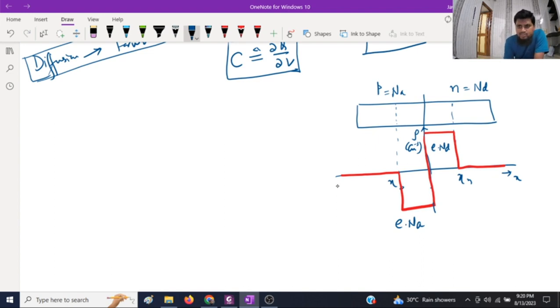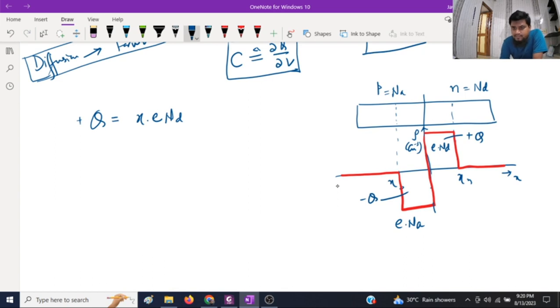Now the total charge over here, that will be Q. Of course, here you will have plus Q. On this side, you will have minus Q. They will be equal. So plus Q, let's only take the positive side, is equal to Xn into E into Nd. So this is charge per unit length.